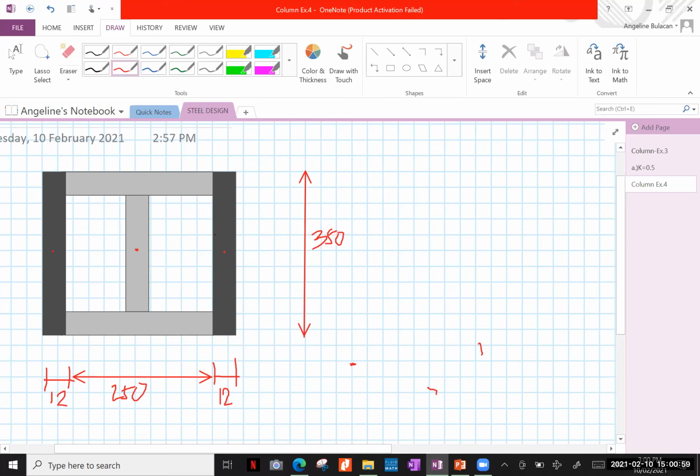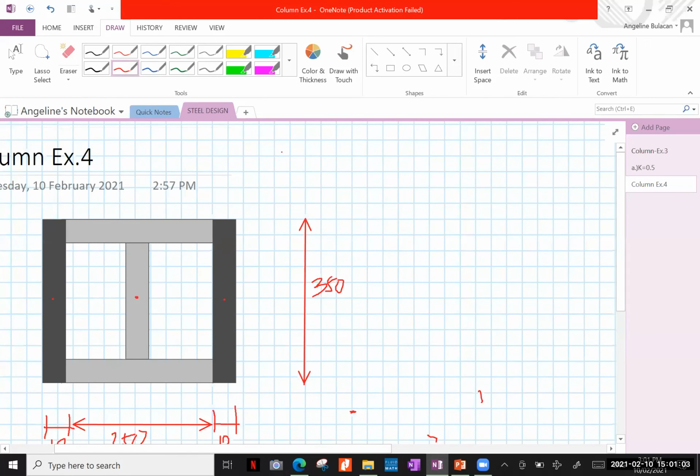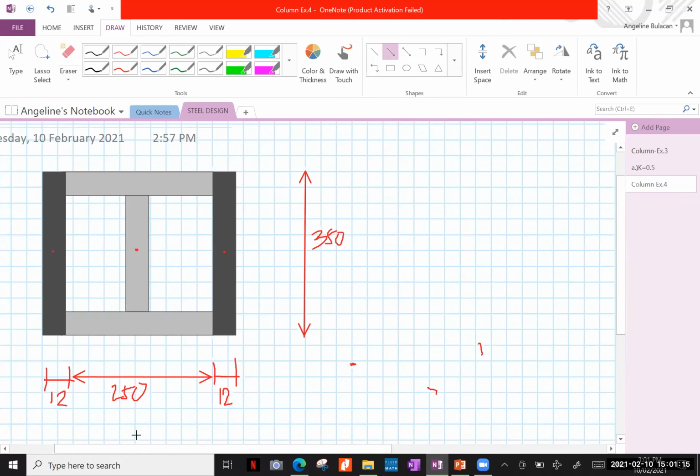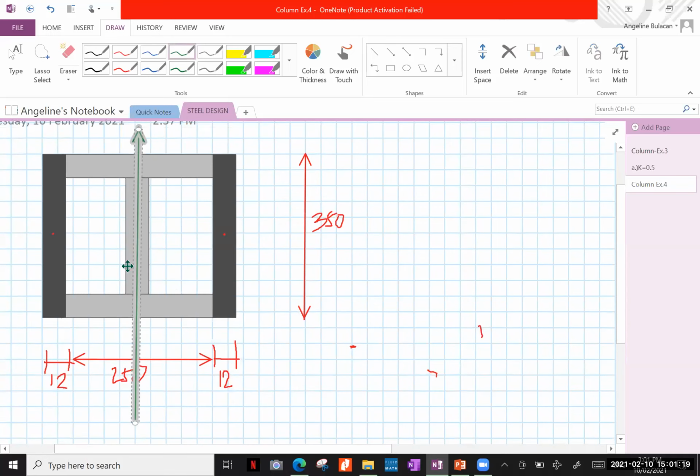Second step, gawin natin, di ba, is lalagay natin yung X and Y axis. Gawin ko na lang green. So, ito yung Y-axis. And then, the X-axis.